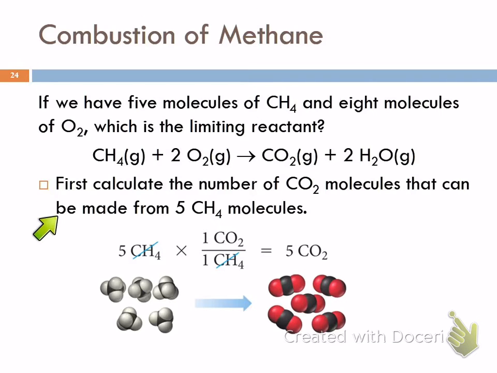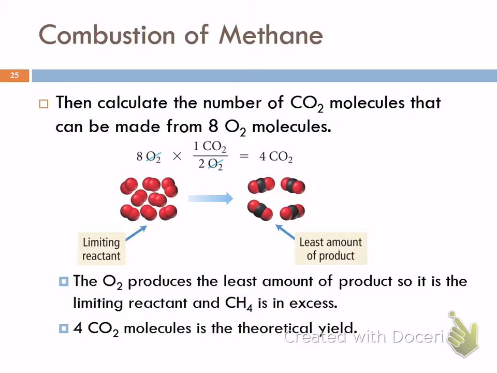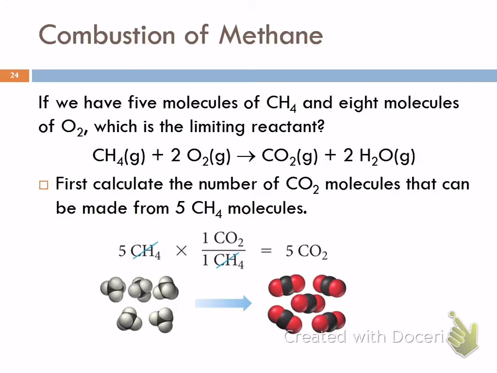Well, first we're going to calculate the number of CO2 molecules from the 5 methane. So this is the same thing we did with the pizza. So 5 methane molecules, this ratio comes from the chemical equation. 1 CO2 for every methane. And we find that we could make 5 CO2 molecules, provided there's plenty of oxygen. Oh, I'm sorry.